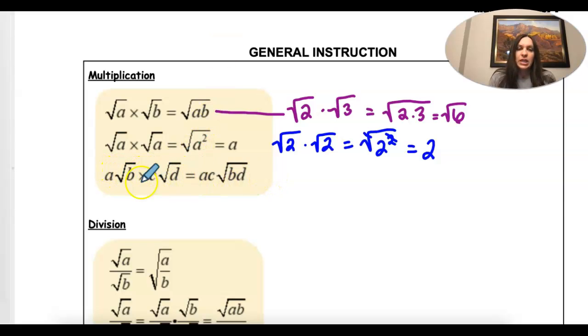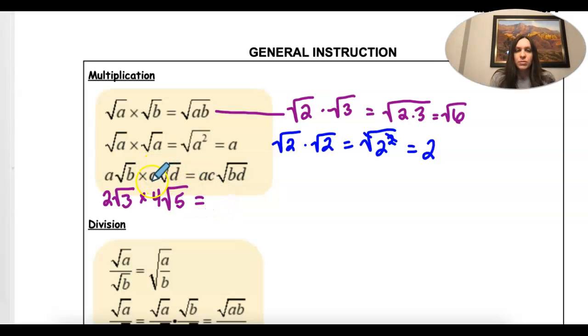So let's do one like this. If I have some number, let's say A is 2, and then B is another number, let's say 3. C is another number, let's say 4. And D is another number, let's say 5.